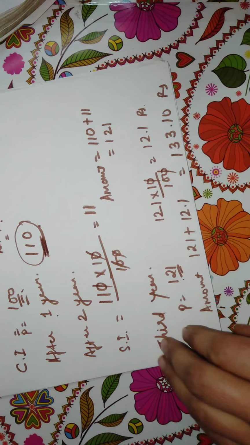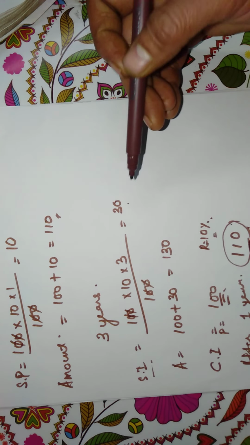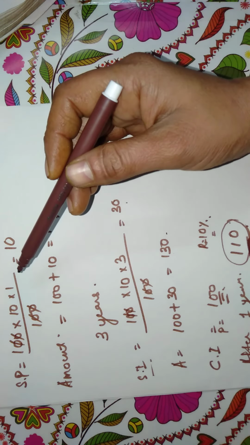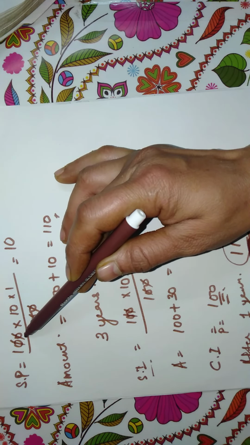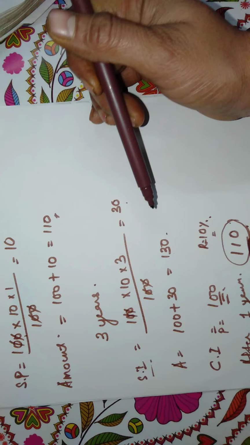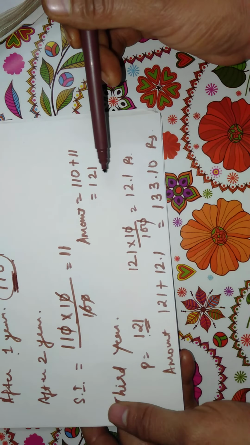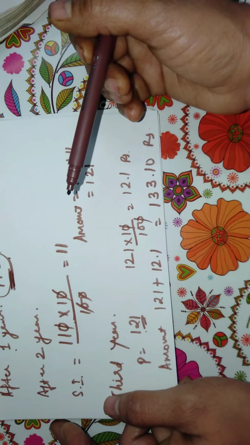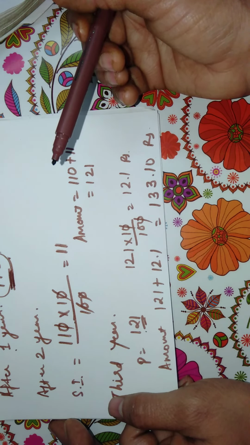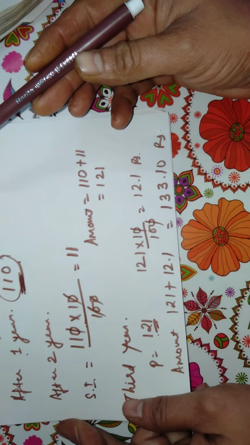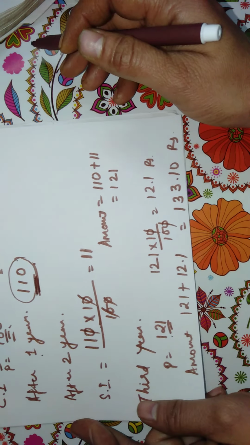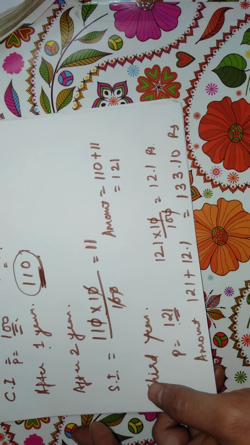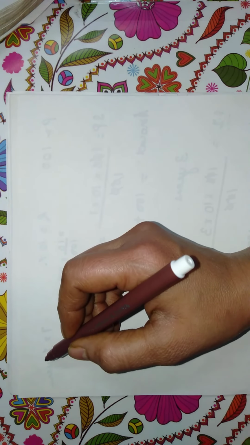You can see that with simple interest we are getting 130 rupees, as the interest is calculated on rupees 100 every year, and with compound interest we are getting the interest on the previous year's amount. So this is the difference between simple interest and compound interest, and you can see some of the examples.